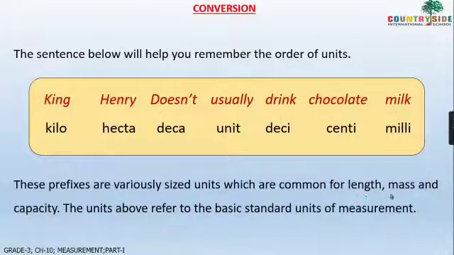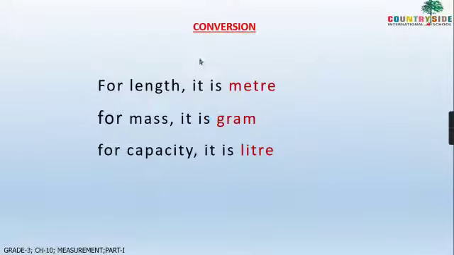Length means meter, mass means weight, that is gram, and capacity means liter. The units above refer to the basic standard units of measurement. So how are length, mass and capacity used, children? For length, which unit are we using? It is meter.